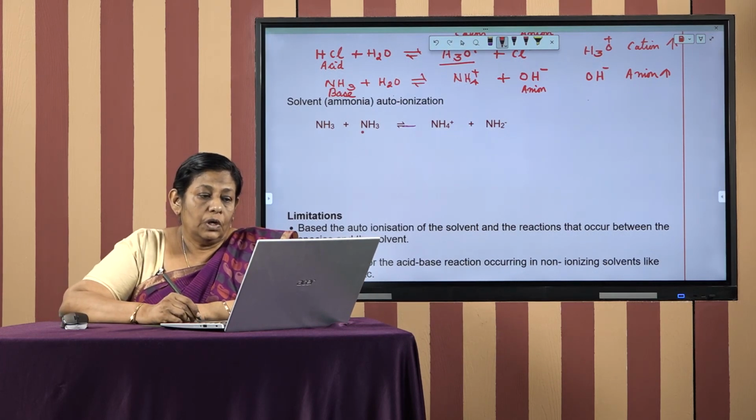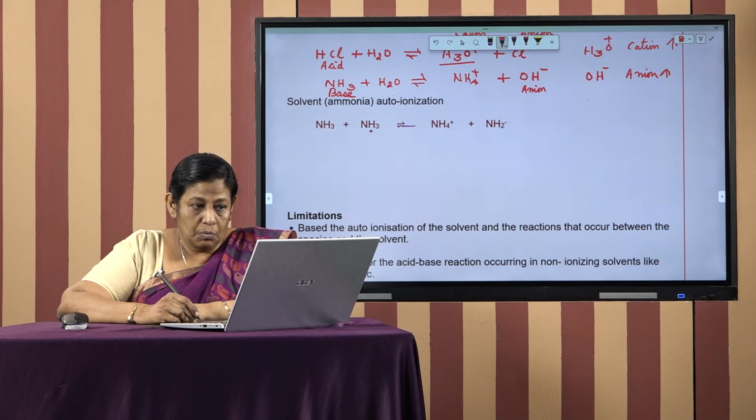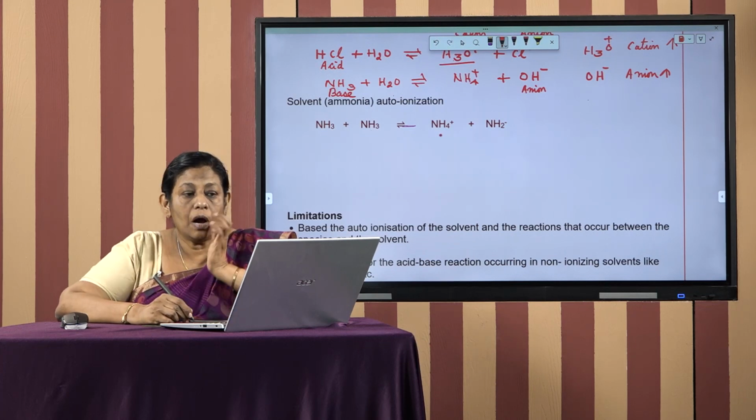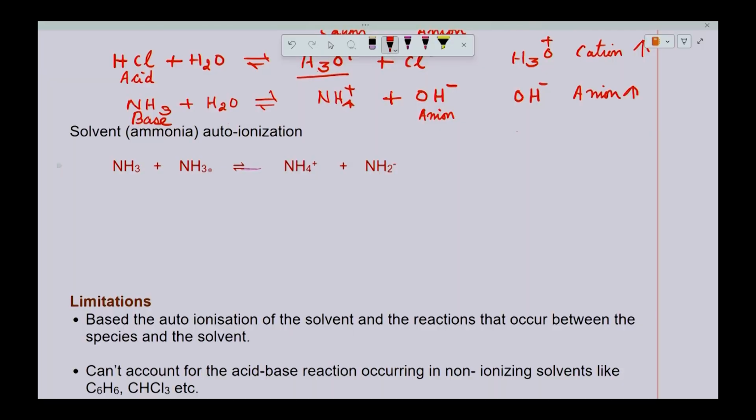So, in ammonia auto ionization, we have the ammonium ion, and one of the ammonia molecules loses one proton and becomes NH2 minus. Now, suppose we see one example. I am adding HCl to ammonia. What will be the result? HCl protonates ammonia, it forms the ammonium ion.